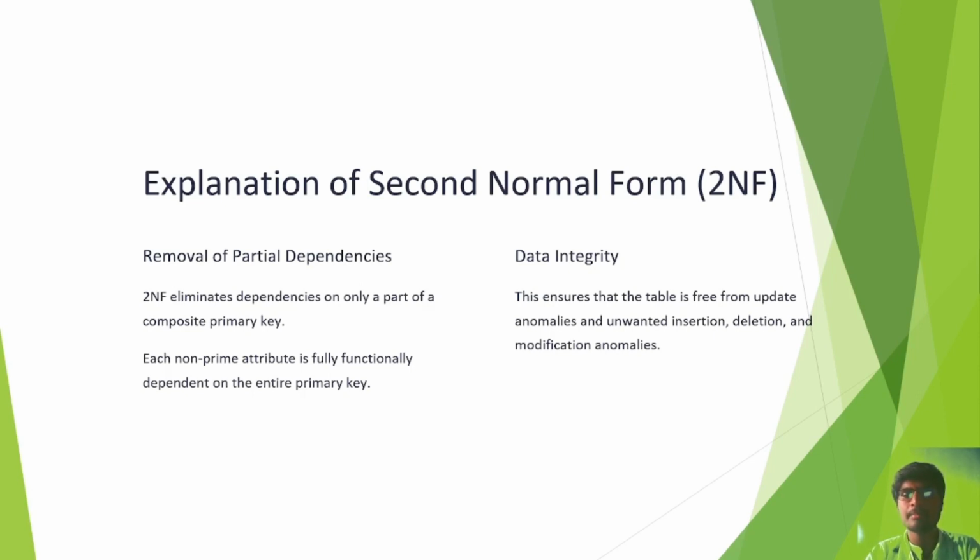In data integrity, this ensures that the table is free from update anomalies and unwanted insertions, deletions, and modifications. Each non-prime attribute is fully functionally dependent on the entire primary key. We can understand that it is dependent on the entire primary key.